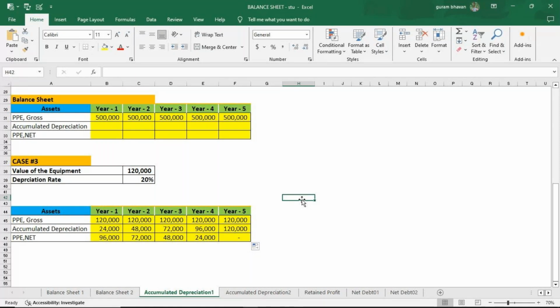If you have not done it, just do it and show the formula.